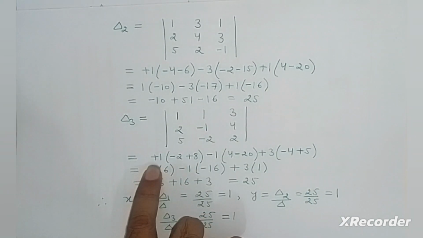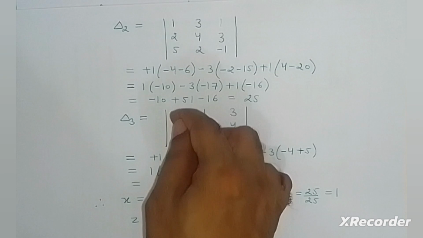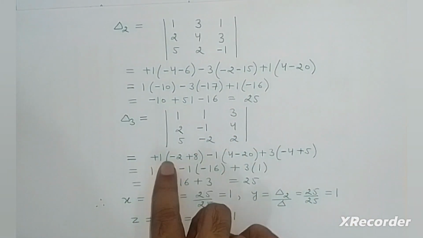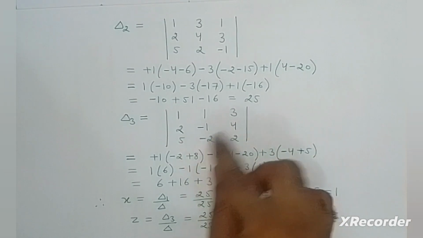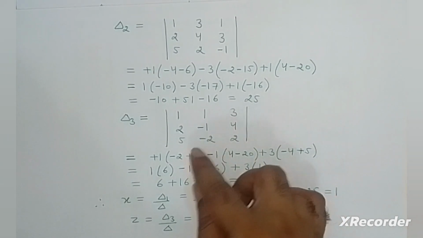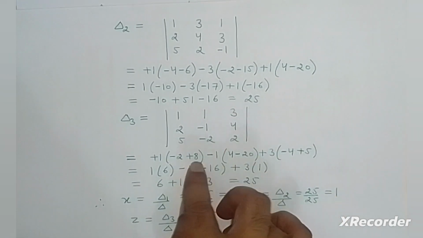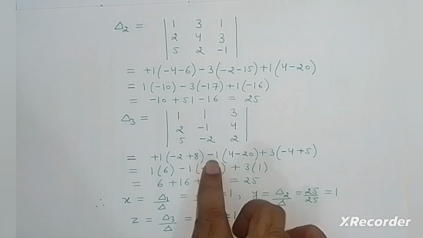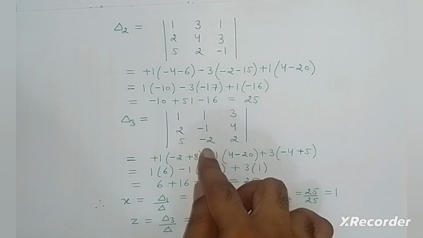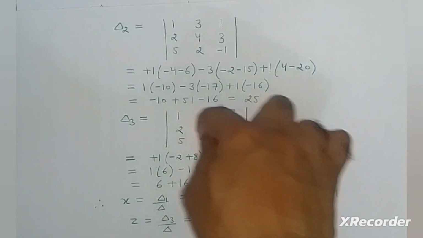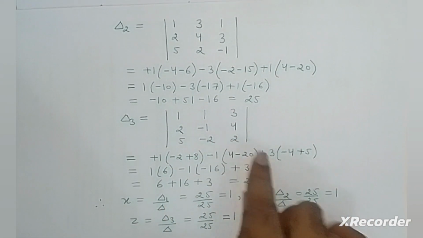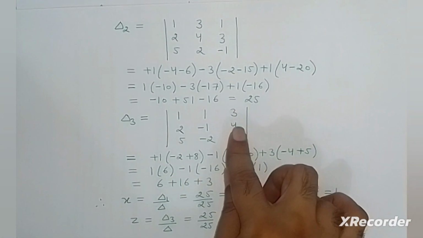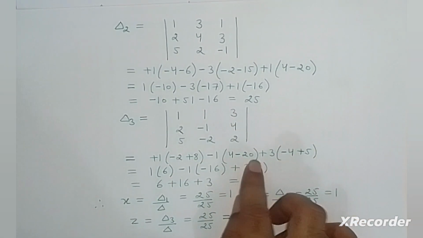So plus 1 into, eliminate this column and this row, multiply minus 1 into 2, that is minus 2, and subtract minus 2 into 4, that is minus 8, minus 8 is equal to plus 8. Then change the value of plus 1, that is minus 1, eliminate this column and this row, we multiply 2 into 2, that is 4, and 5 into 4 we have to subtract, 5 into 4, that is 20, minus 20.